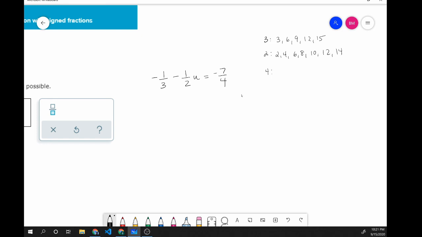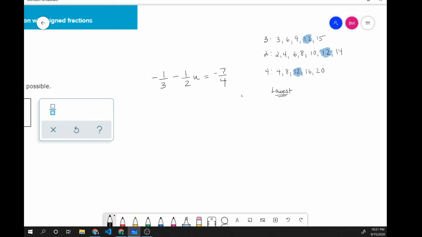And then for the 4 times table, 4, 8, 12, 16, 20. So if you notice here that the 12 appears first in all of the columns. All right, so that is our lowest common denominator.